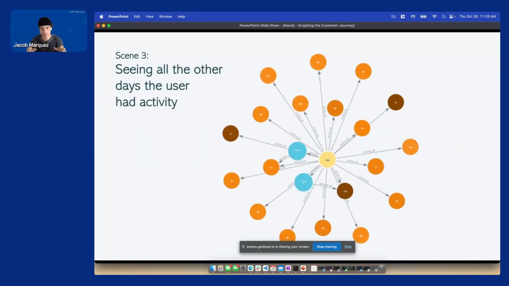And there's all these other days that that user had activity, did particular things, explored the product, built something, shared it, or what have you. So we can have all of that information in the palm of our hands for us to start sort of playing with, almost like Play-Doh or like a DNA sequence, right?